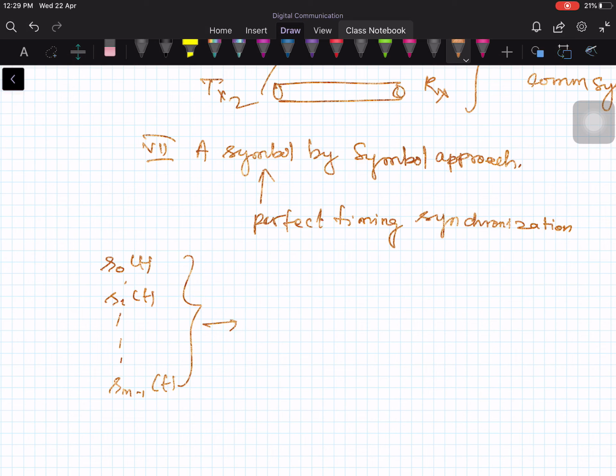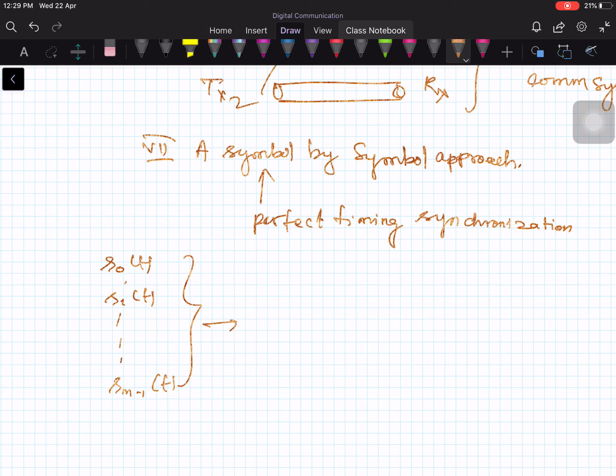Out of these M waveforms, I may get one waveform in a given symbol interval. We would like to obtain some method for deciding which was transmitted. Therefore, we are further simplifying the problem to a much simpler problem of detection of the presence of a signal in a given interval.